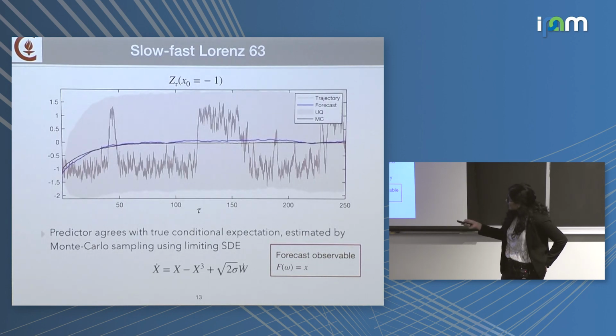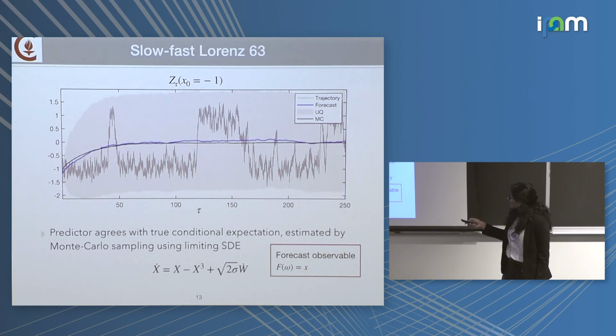As we increase tau and compute many, many predictions, we can see that our forecast, which is in blue, depends continuously on x, and it converges to the true conditional expectation plotted by this black line, which is computed by 10,000 realizations of this SDE initialized at x naught equals -1.